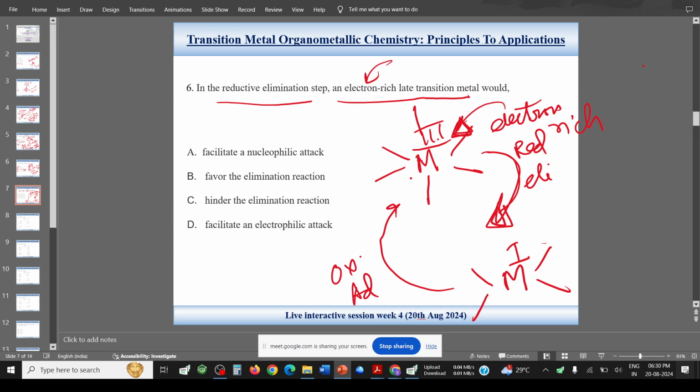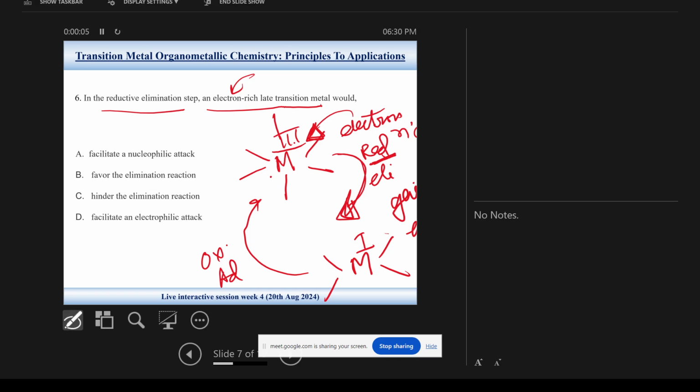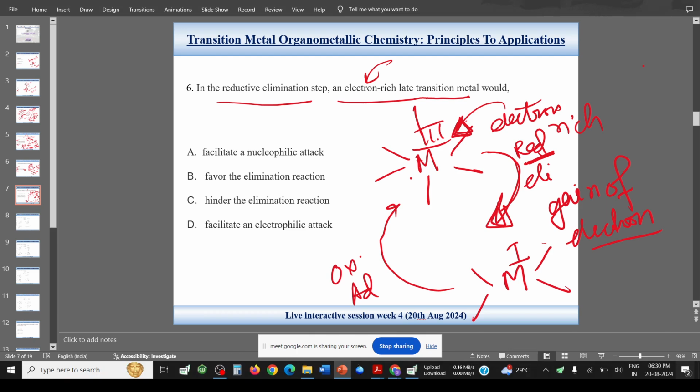That is the reduction, and reduction means gain of electrons. Since it is already electron rich, adding more electrons obviously will not be possible.